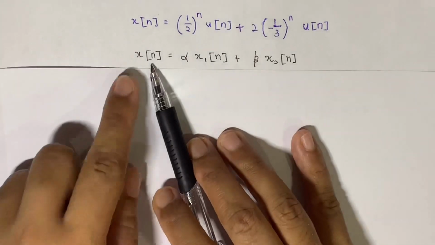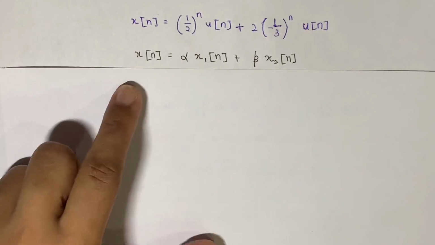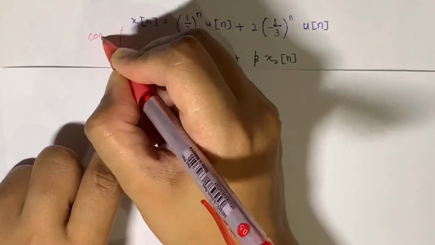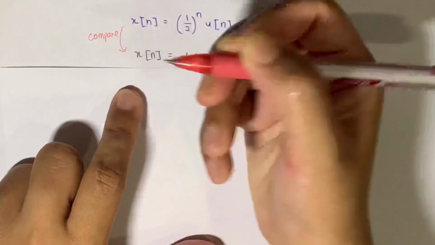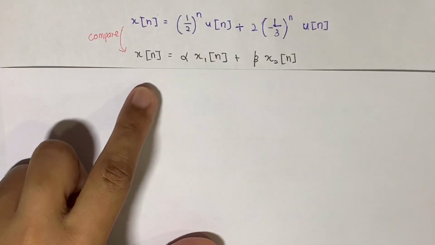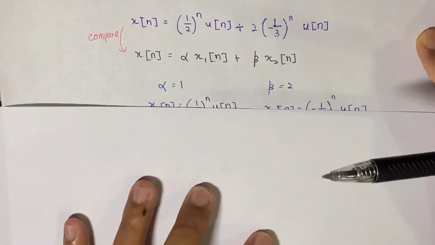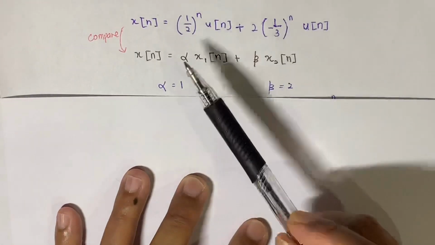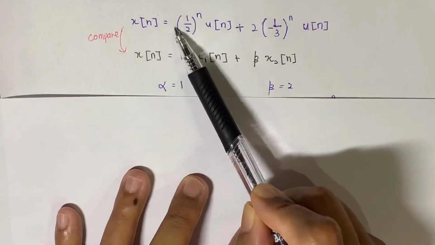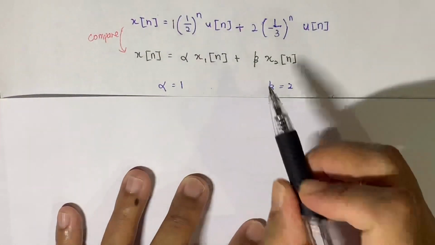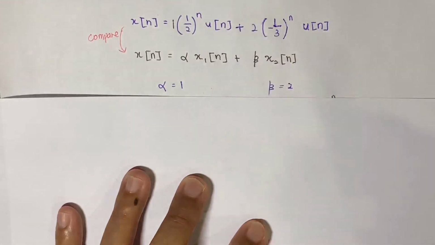Okay, so we compare with the linearity property equation. So what do we get? Alpha equal to 1 here, and beta equal to 2.